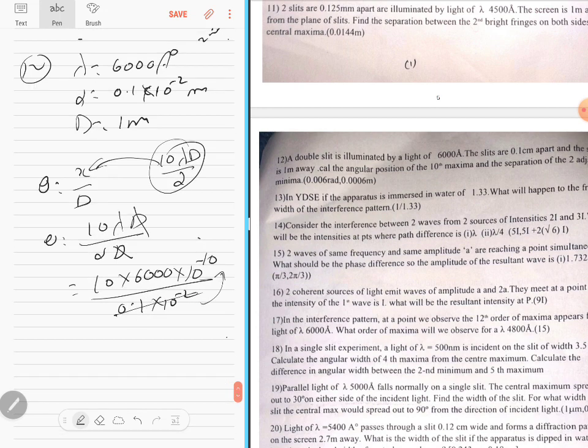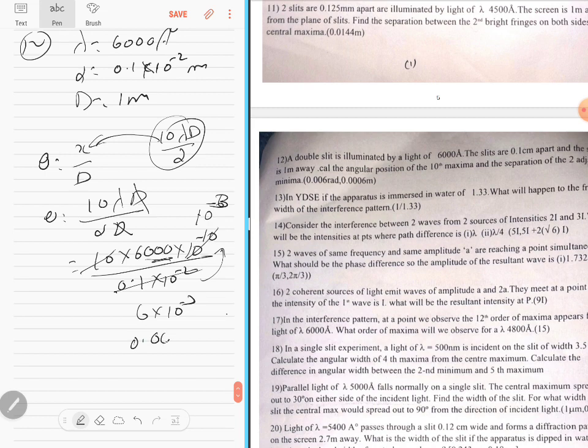When taken up, it will become 10 to the power 3. It will become 10 to the power minus 7. With this 10, it will become 10 to the power minus 6. And with this 3, it will become 10 to the power minus 3. 6 into 10 to the power minus 3 is all I get, which is like 0.006 radians.